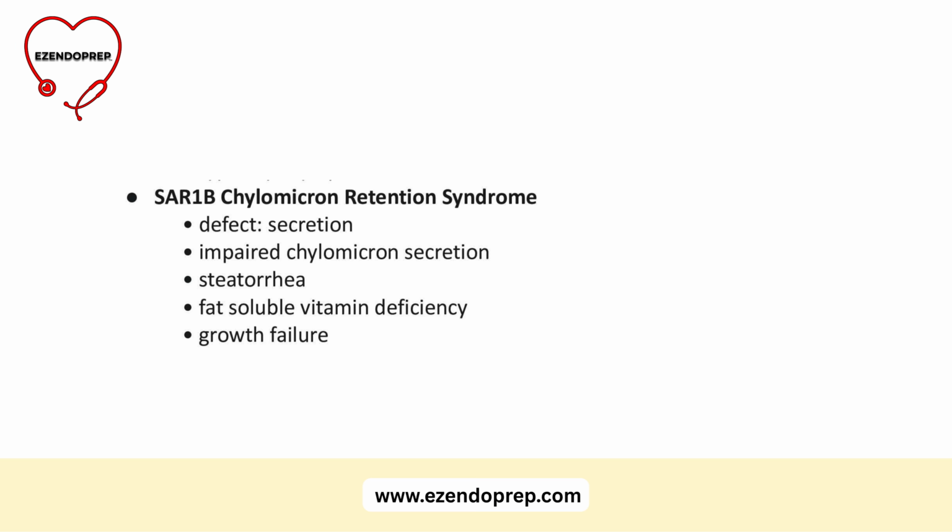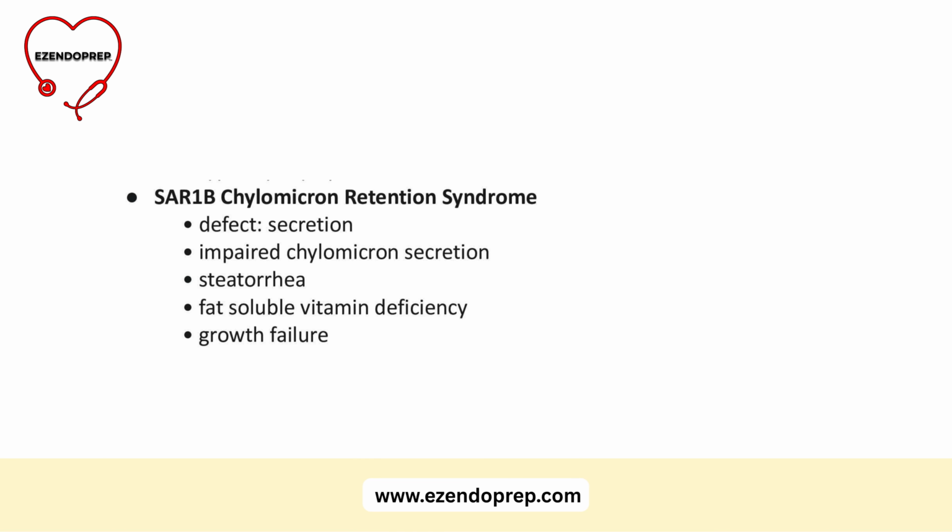Now let's talk briefly about chylomicron retention syndrome, which is associated with SAR1B mutations. In this disorder, the enterocytes can assemble chylomicrons normally, but they cannot secrete them. The vesicular transport of chylomicrons into the lymphatic system fails.